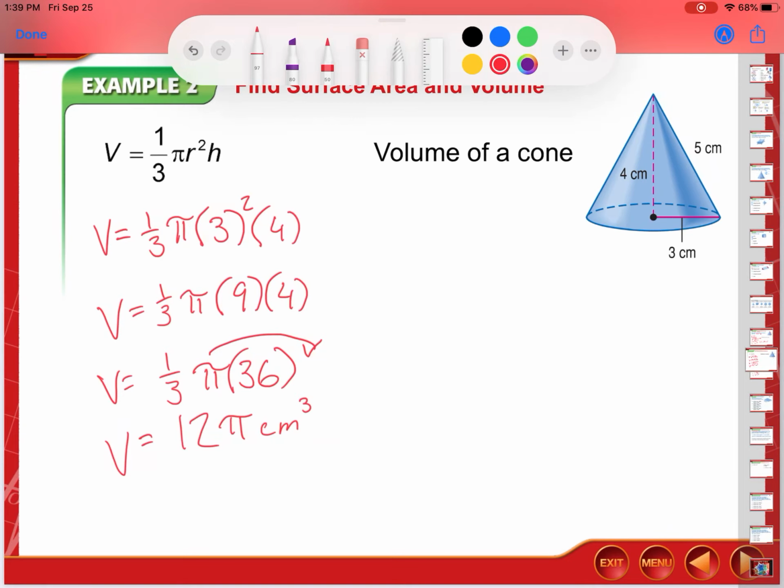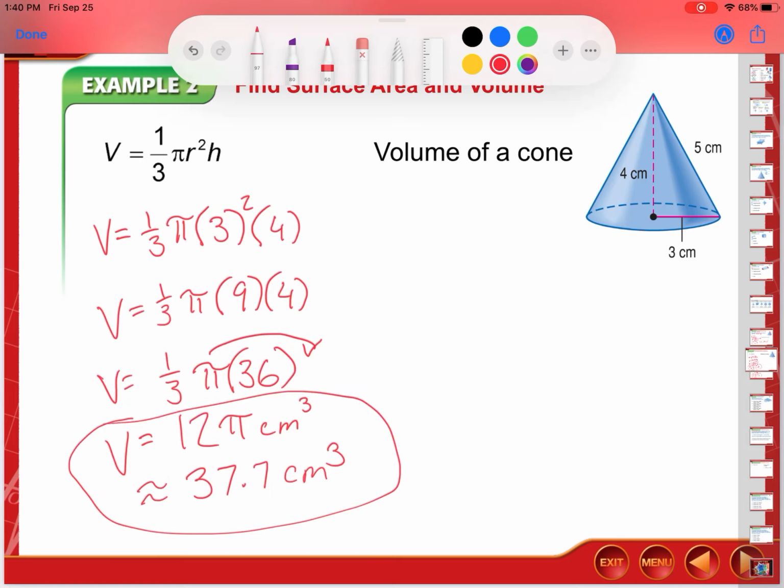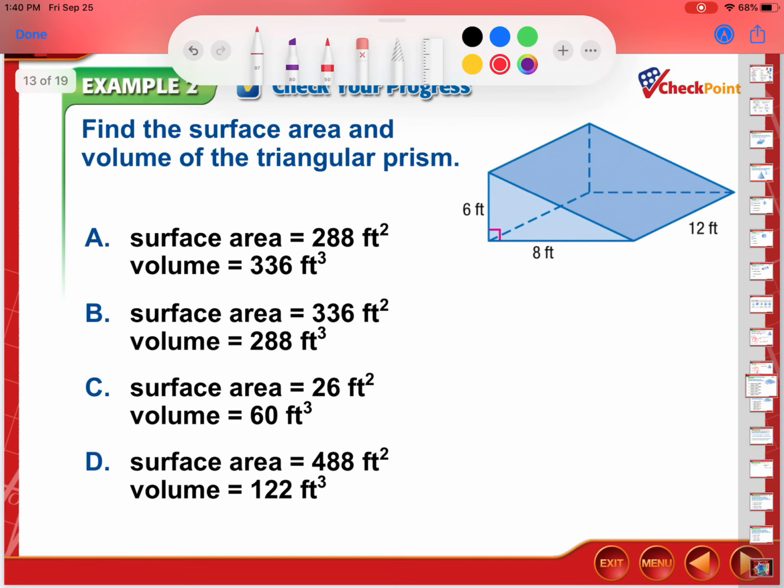So if we multiply that out, we end up with 37.699. So we'll just say 37.7 centimeters cubed. All right. So all we're doing is plugging values in to our formulas.